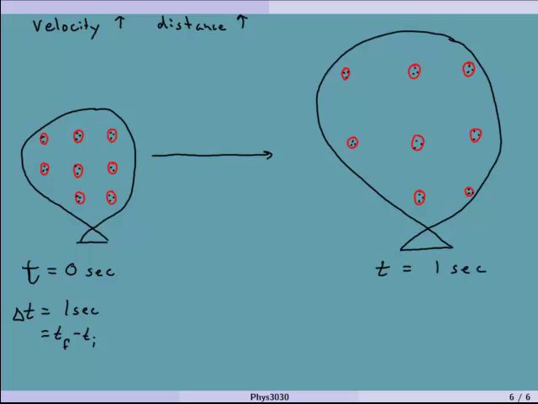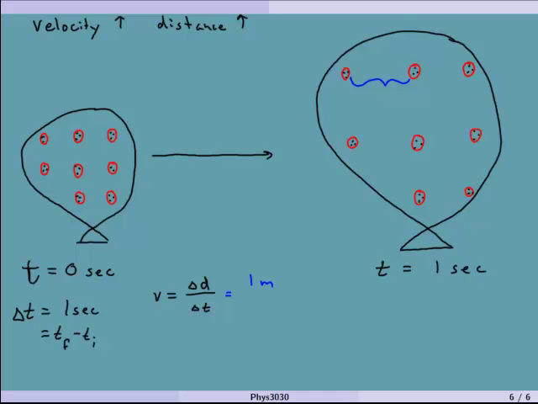Now, if I want to measure the velocity of these guys, the velocity equals the change in distance over the change in time, right? And if I look at the distance between, say, these two guys, I get one distance, and let's just call that 1 meter.